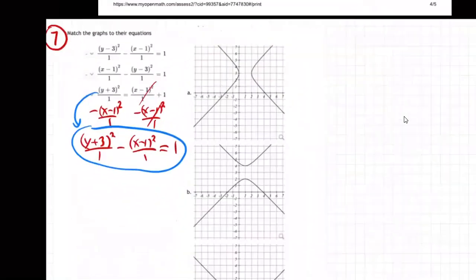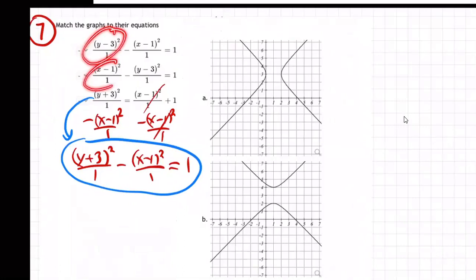We can look at this one and say, okay, this is y squared in the front, this one's x squared in the front, this one's y squared in the front. So only one of these is x squared in the front. So let's handle that guy right away.